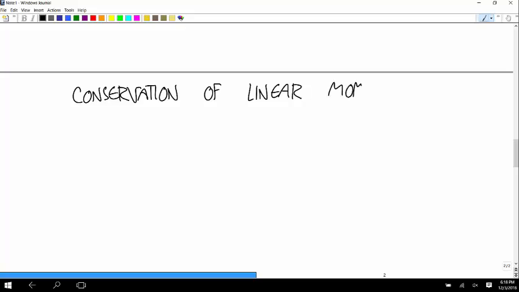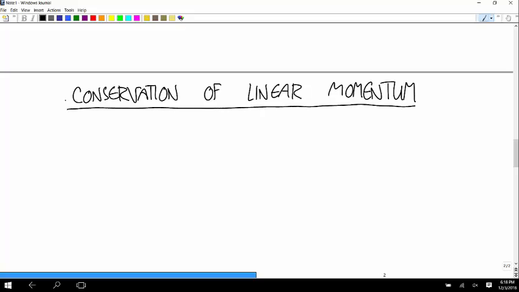Okay, I'm going to start with conservation of linear momentum. First we have to define what linear momentum is.